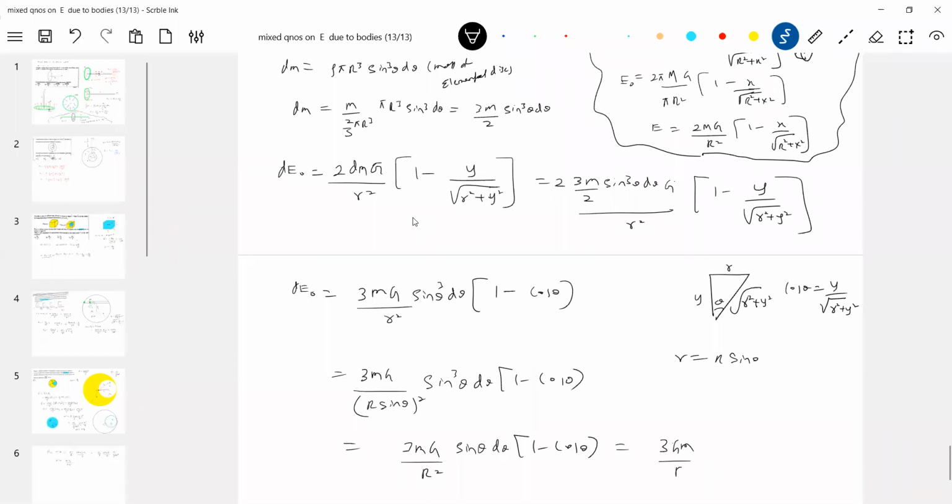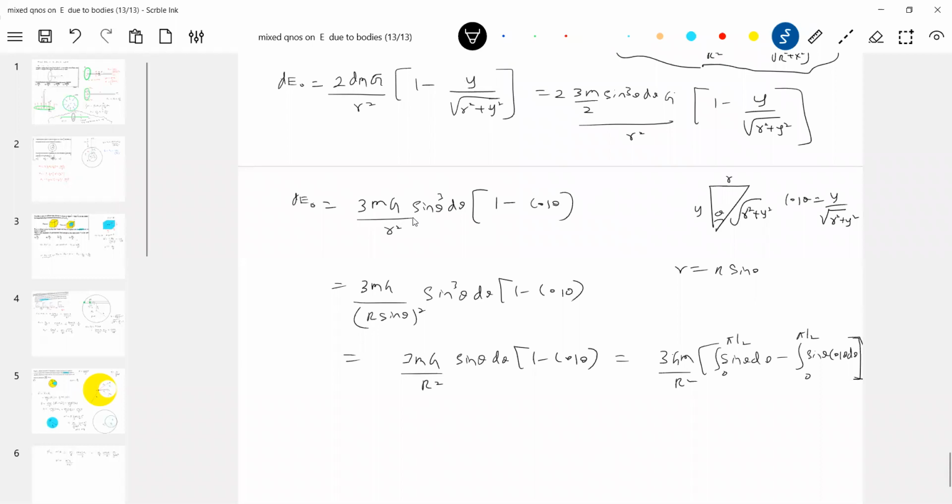3 GM by r square. A lot of calculations are there.